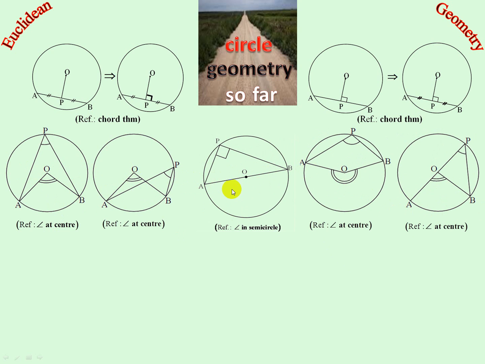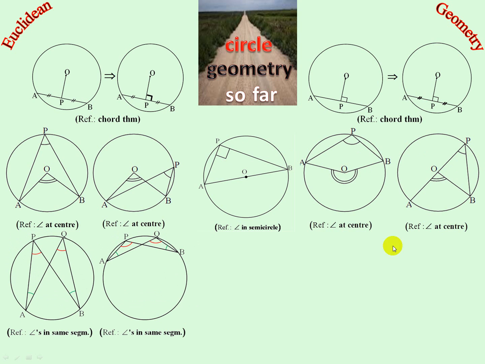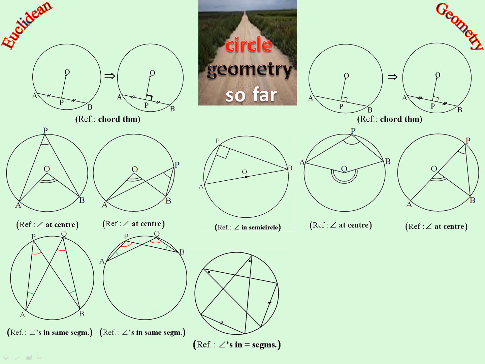So the angle at center is 180, so therefore the angle at the circumference is 90. And that's called angle in the semicircle. Then we have angles in the same segment, big segment, small segment. We have angles in equal segments, which is a corollary of this one, or angles subtended by equal chords.